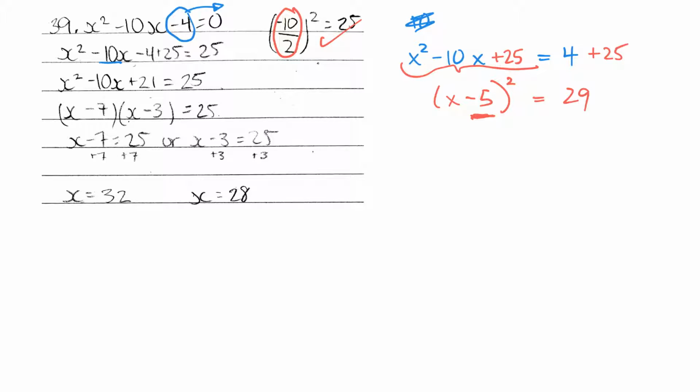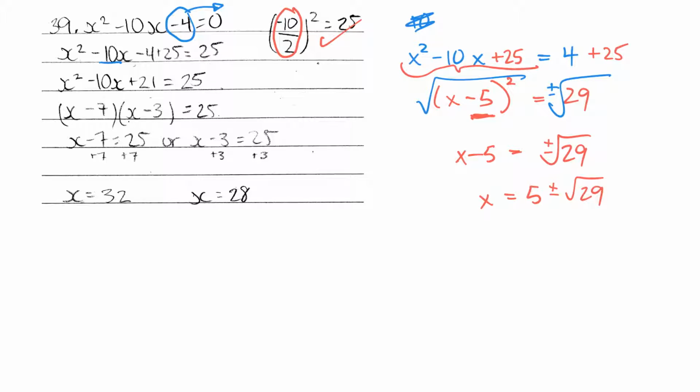Then we'll use the square root principle with a plus or minus. So on the left side, left with x minus 5. On the right side, I'm left with the plus or minus square root of 29. And then I'll add 5 on both sides. And so that's what I would get for that question.